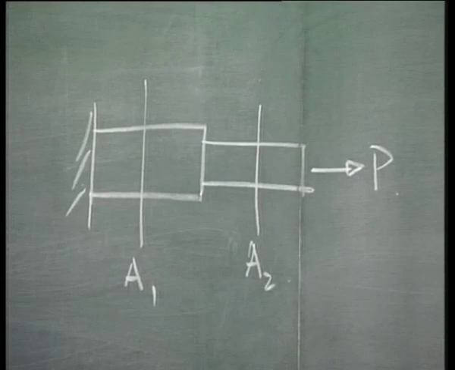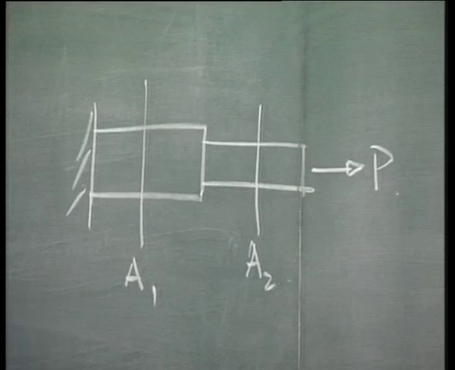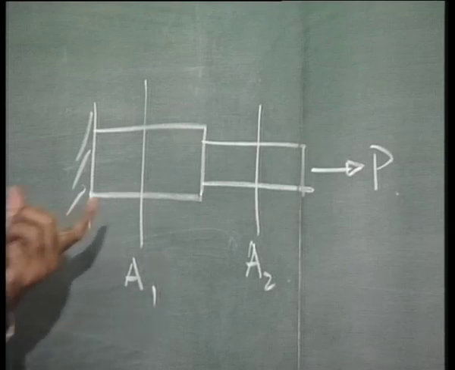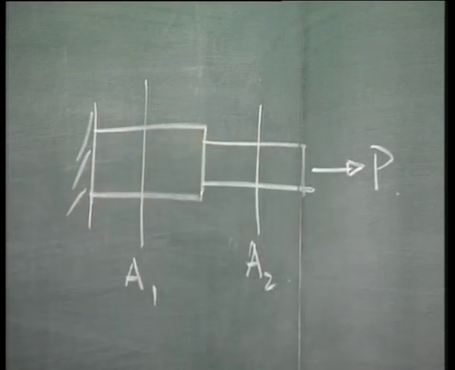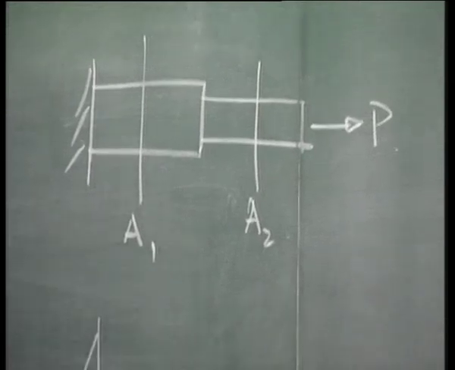Now, this poses slightly more difficulty when compared to this problem. You can of course looking at it immediately say that, sir, it is made up of 2 bars, right, it is made up of 2 bars. So, I can say that why not you consider it as 2 bars.